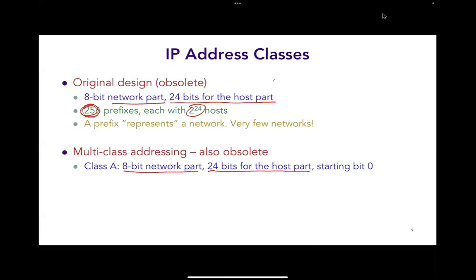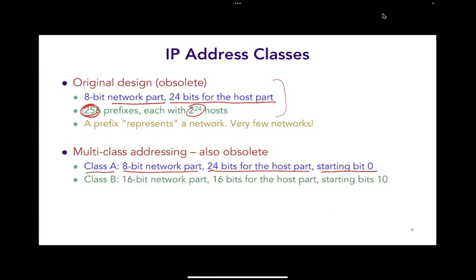This is similar to the original design, but what we have done here is that we start all class A IP addresses with a bit 0, which means the IP addresses which start with 1 do not fall in class A, but those which start with 0 do. That means 50% of the entire IP space falls in class A.